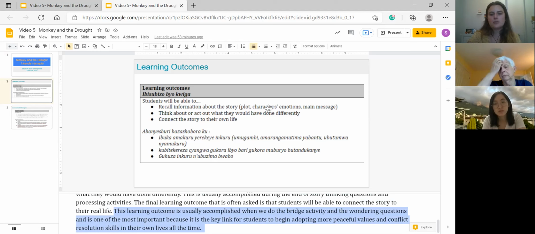Yeah, so for this story, Monkey and the Drought, students would draw the monkeys for characters. For setting, they could draw or write turtle in the desert. And then the conflict was about sharing the fruit and the resources. So based on what students draw and write, you'll be able to determine whether or not they've achieved this learning outcome and they can remember this information. That's a really good idea.